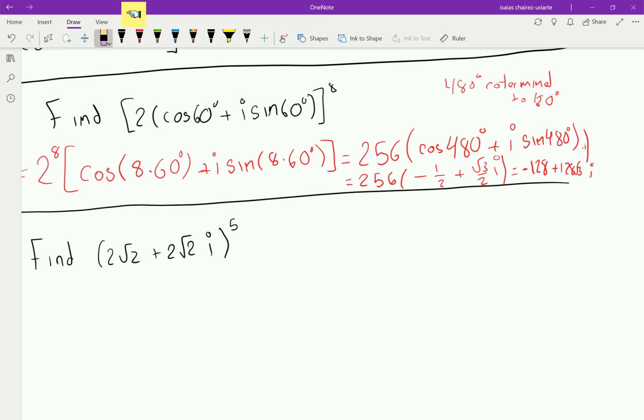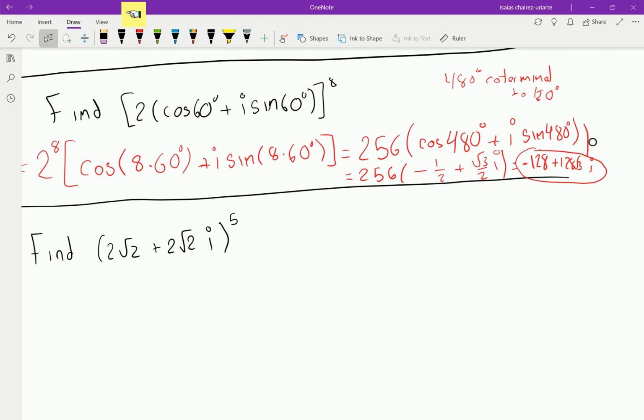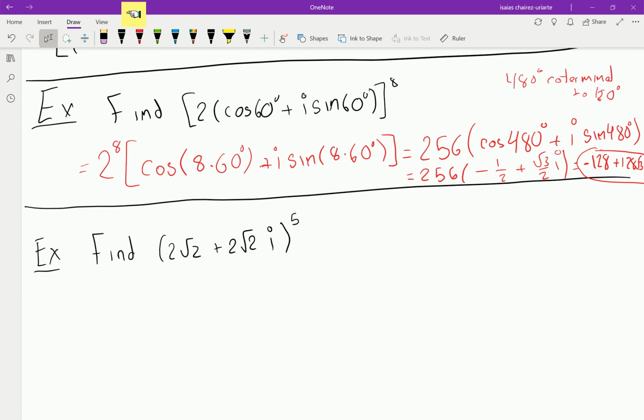That would be the rectangular form. So this is a rectangular form. Up here, in this part right here, we had the polar form. All right, and that's all there is to that. Hopefully you agree.